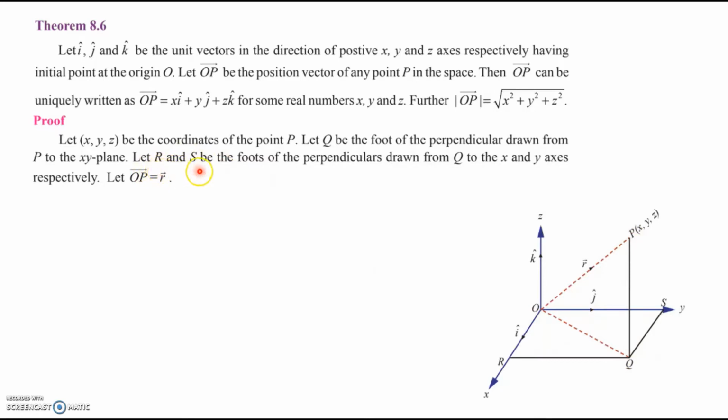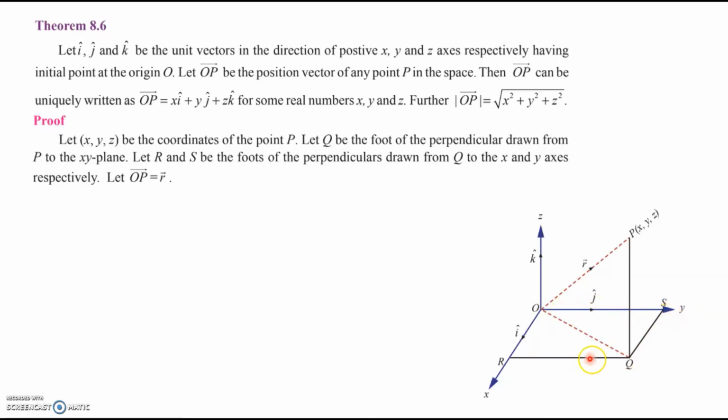Let R and S be the feet of the perpendiculars drawn from Q to the x and y axis. What does that mean? R is the foot of the perpendicular drawn from Q to the x-axis, and S is the foot of the perpendicular drawn from Q to the y-axis.